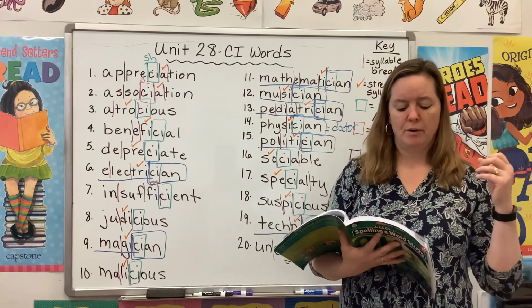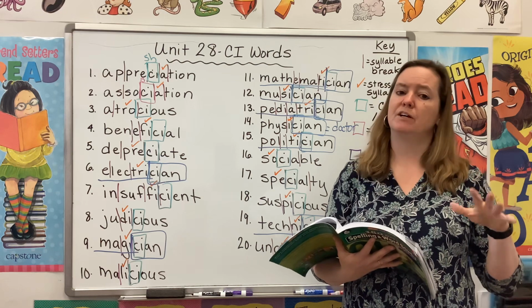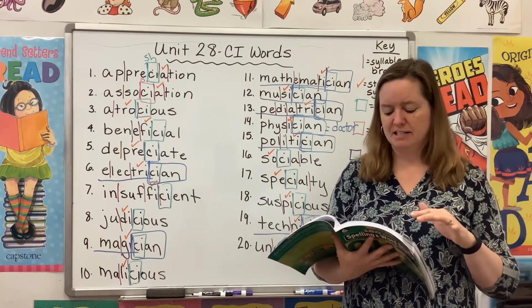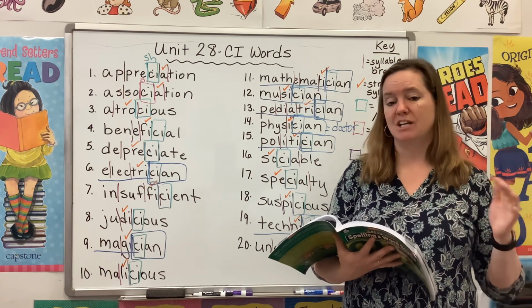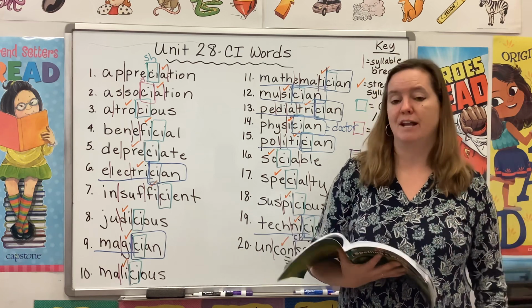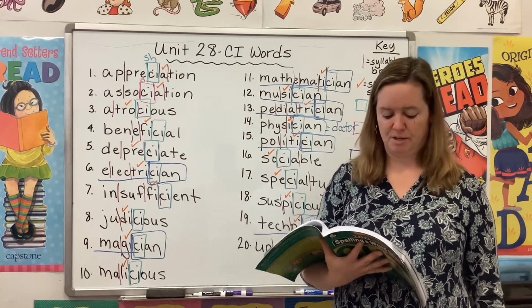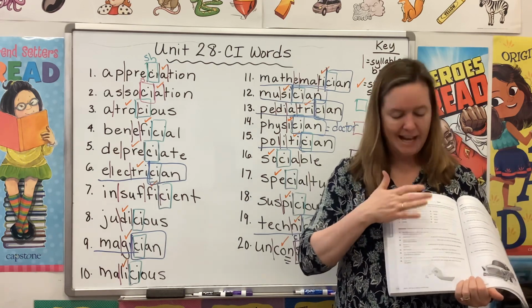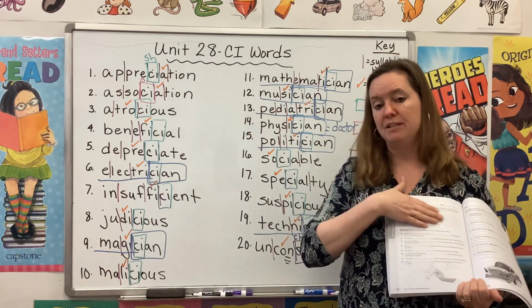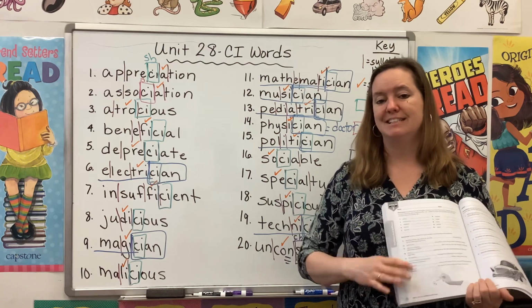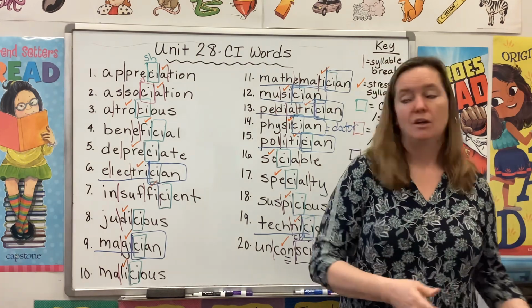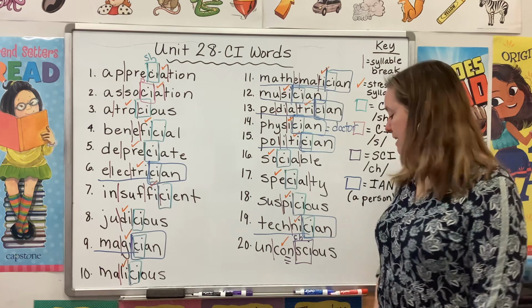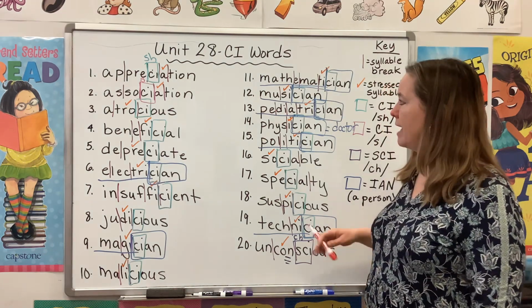So someone who is really good at politic is a politician, someone who's really good at magic is a magician, someone who's really good at music is a musician, okay? So you're going to create your own little word bank here, and then use what you know about these words to fill in the sentences on the bottom. Okay, so let's continue with our vocabulary.